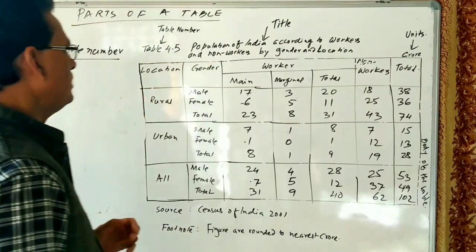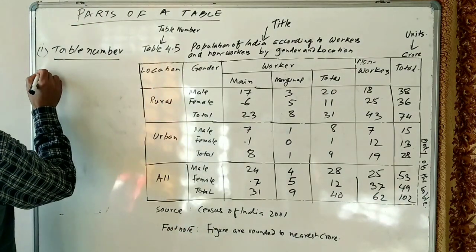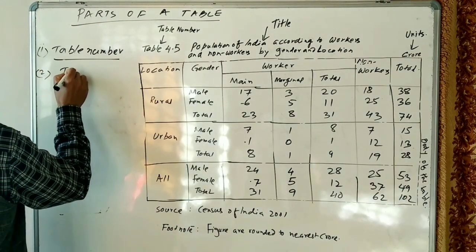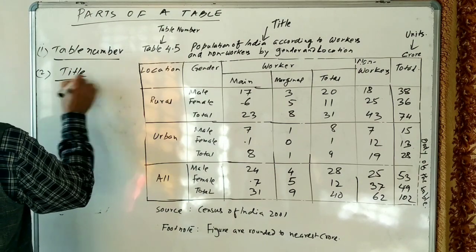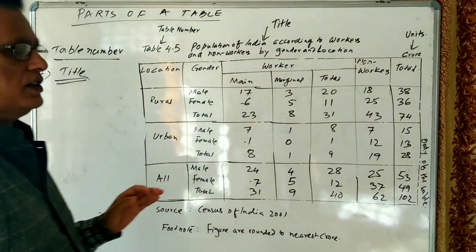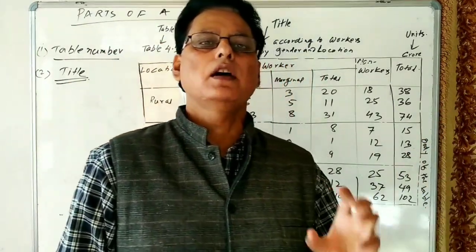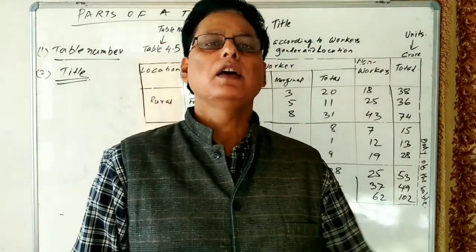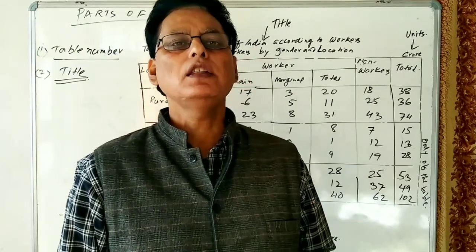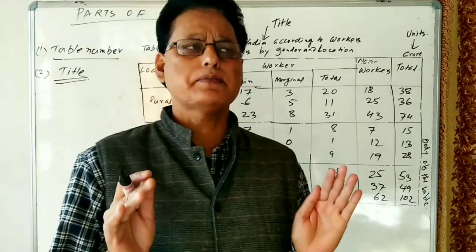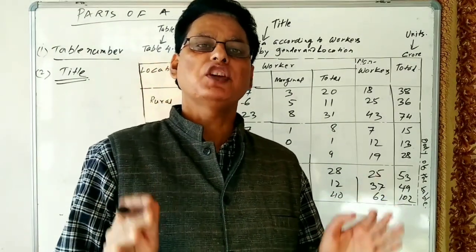The second important part of a good table is the title. So let us see the title of a table. Title contains the contents. What is the contents of a table is explained in the title. So title is a very important part of a table.